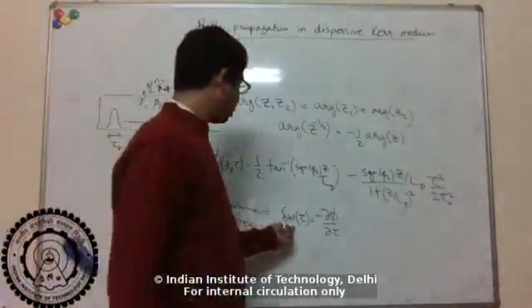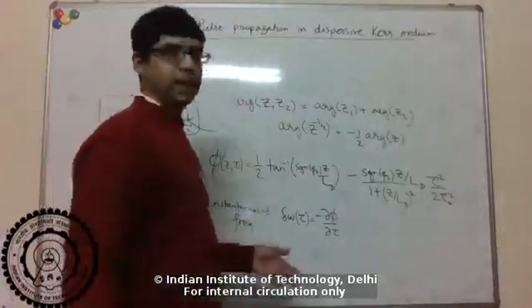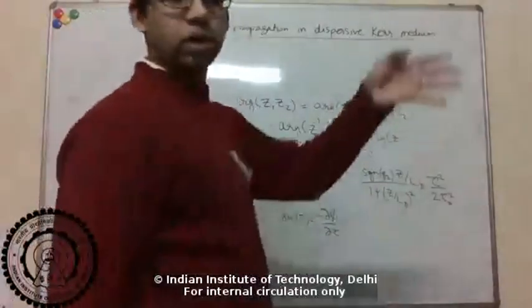So this is basically how much the frequency deviates from my initial omega naught, right?